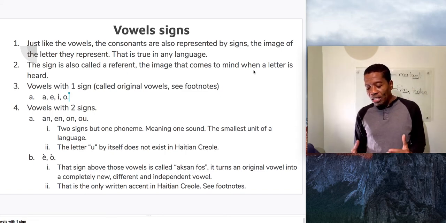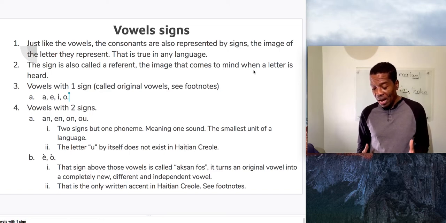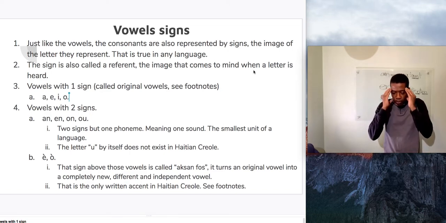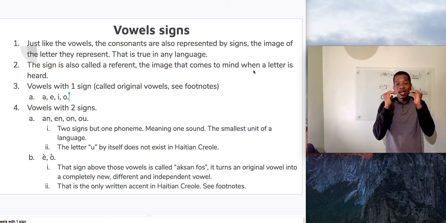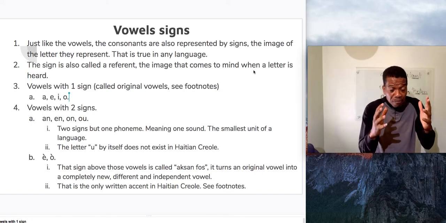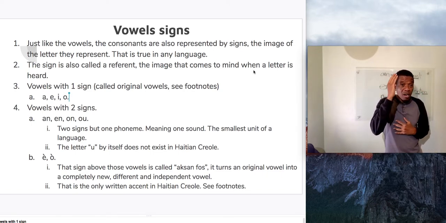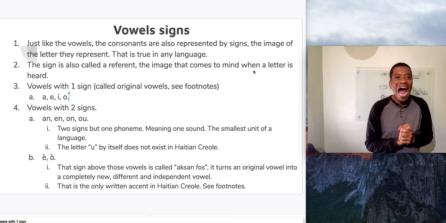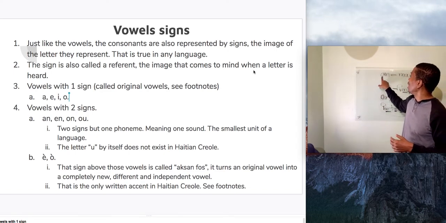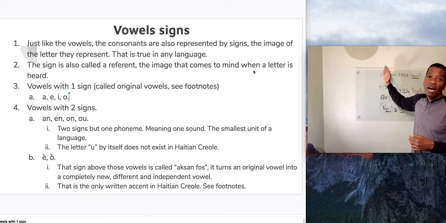Now, we also say the sign is also called the referent. What is that? It's the image that comes to your mind when a letter is heard. When you hear a letter, whatever comes to your mind. When you hear the letter, the vowel comes to your mind.